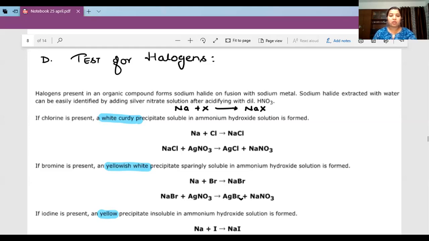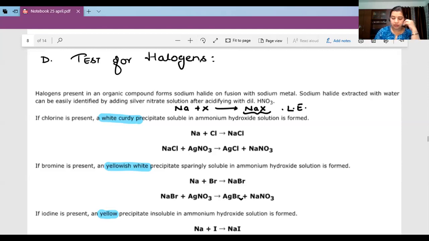If the given unknown organic compound has halogen in it, then as a result, it will have NaX in our Lassaigne's extract. Okay, sodium will break down the covalent bond of X with carbon and ultimately convert it to the ionic compound NaX, sodium halide. Assuming the halogen is chlorine, let us see the observations.